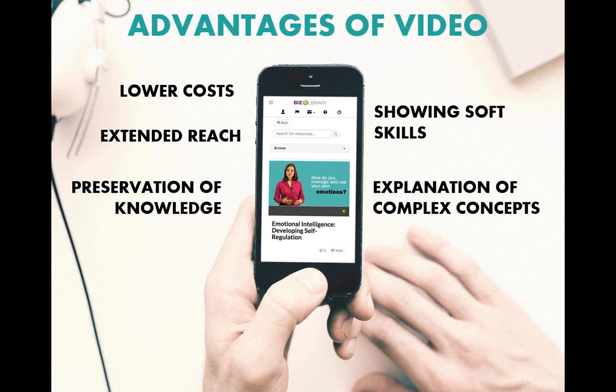With video, the illustration of complex concepts in scenarios and situations is an extremely effective way to communicate these ideas, bringing them down into short, digestible chunks. But the soft skills and the difficult situations, Jessica, you have a really good way of explaining that.